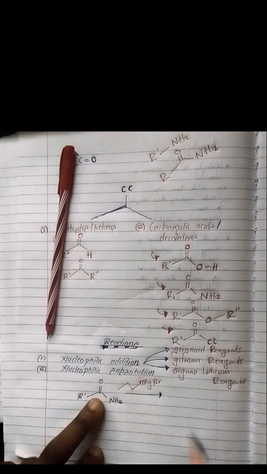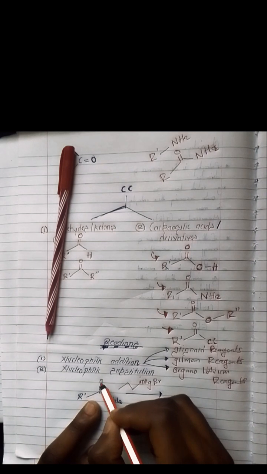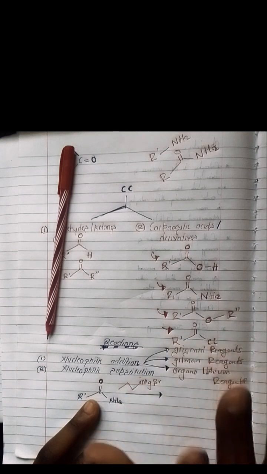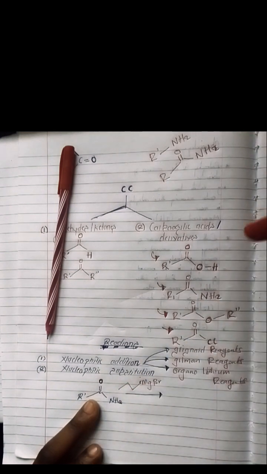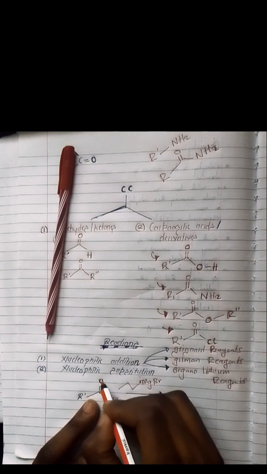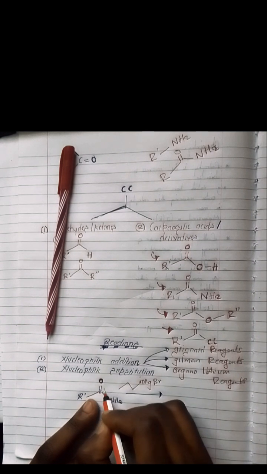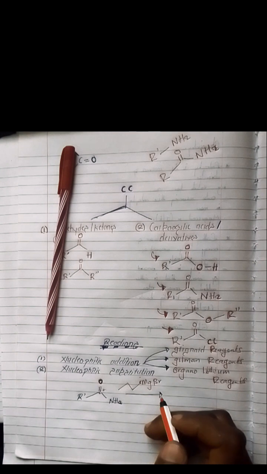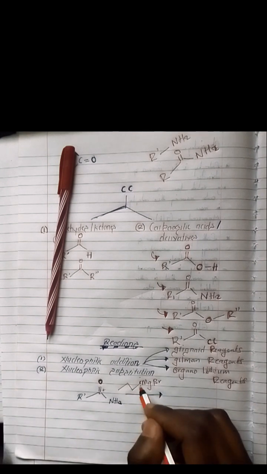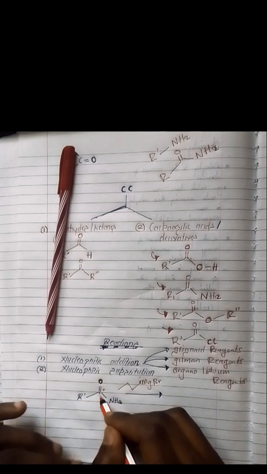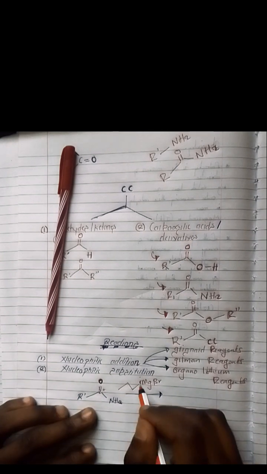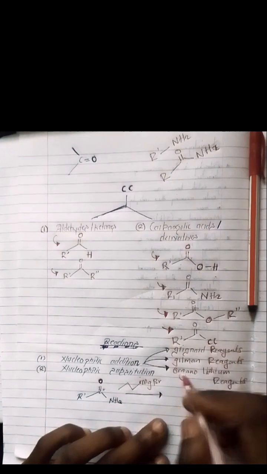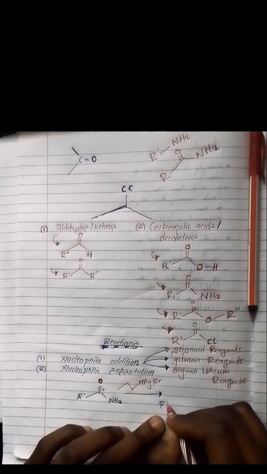Why is it attacking this carbon? The oxygen here is electronegative, therefore it withdraws electron density, so a net positive charge is left here. So this carbanion is capable of attacking this carbocation, and when that happens, you have a product that will look like this.